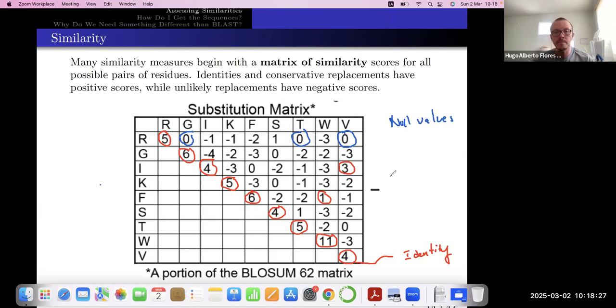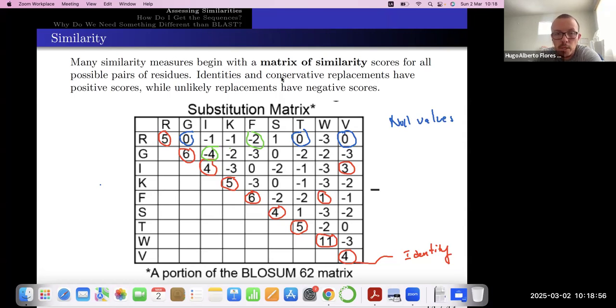And finally, you get the negative ones, which tell you that you are losing similarity in some sense, like this one, or this one.